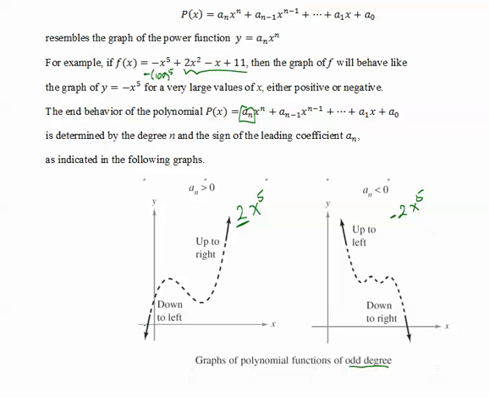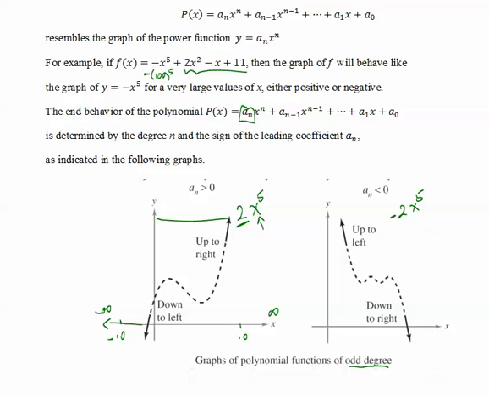Again, to understand the end behavior, you just try to plug in a big number. Remember, on this side x will go to negative infinity and on this side x will go to positive infinity. For example, you could just think of 10 as big enough, or 100, and see what's going to happen. If we have 10 to the fifth, it's a large number, you multiply it by 2, so it's going to be another positive number.